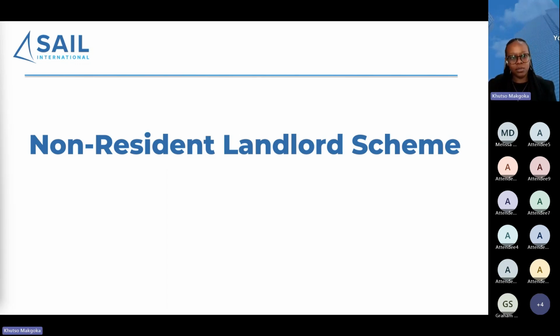Now, other instances where being a non-resident landlord in your personal capacity differs from being one in the capacity of a company are, for example, the 15% higher rate of SDLT, which is the stamp duty land tax, and the annual tax on enveloped dwellings. These can apply to the acquisition of property by non-resident companies, but do not apply where the property has been acquired by a non-resident individual, for instance.